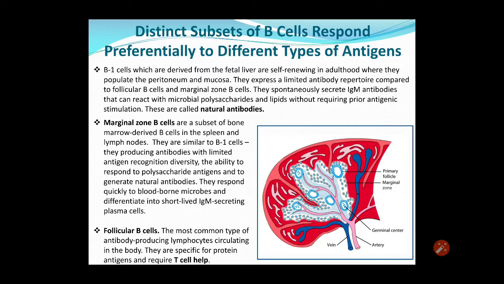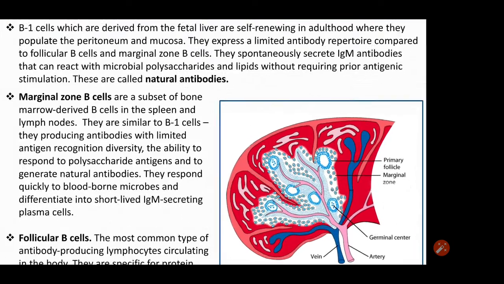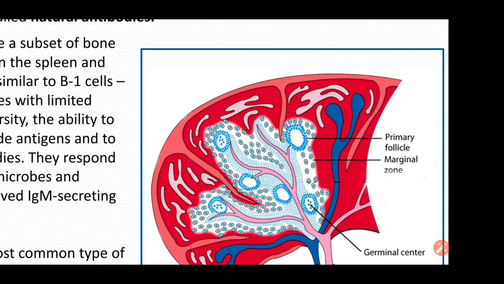And these are the ones which need T cell help to make these high affinity, good quality antibodies. So these are the ones that we target when we are giving vaccination. We want to activate these follicular B cells.